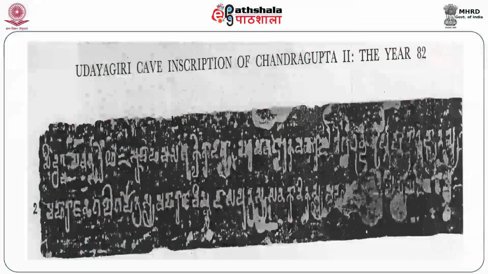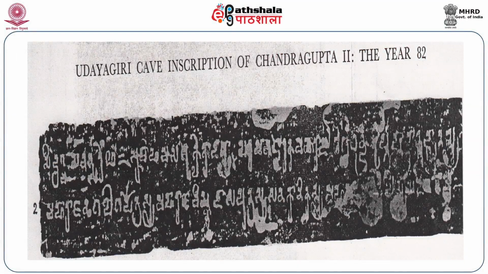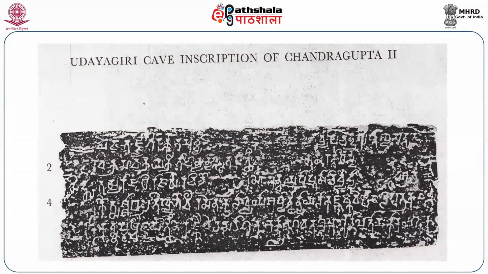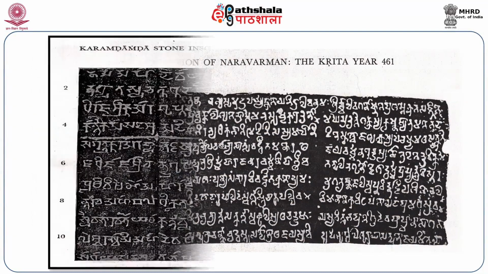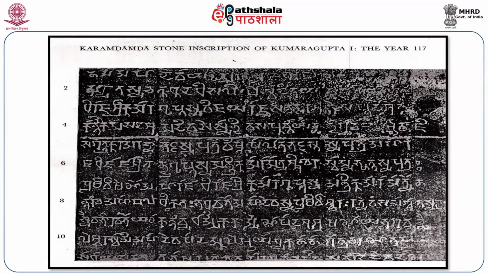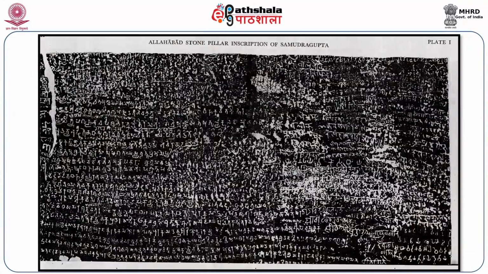And this Udayagiri cave inscription of Chandragupta II belonged to the regnal year 82, and Mandasor inscription of Naravarman, the Krita year 461, and Karamdanda stone inscription of Kumaragupta the first, year 117, and the very famous, very important record, Allahabad pillar inscription of Samudragupta.